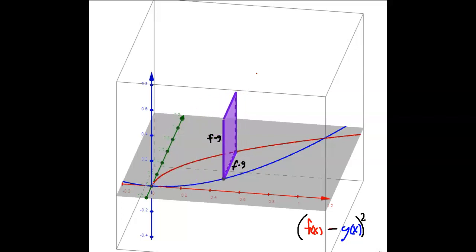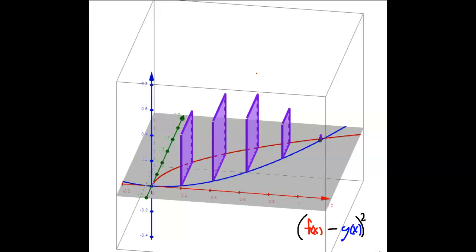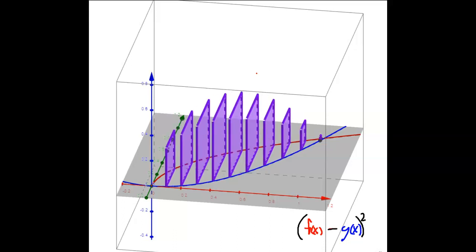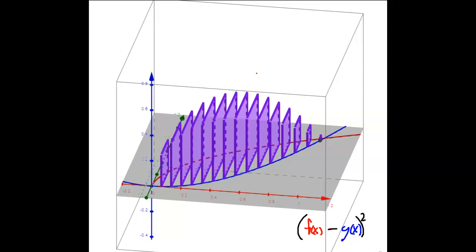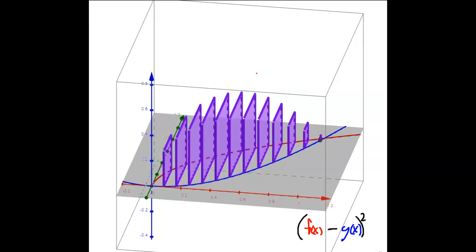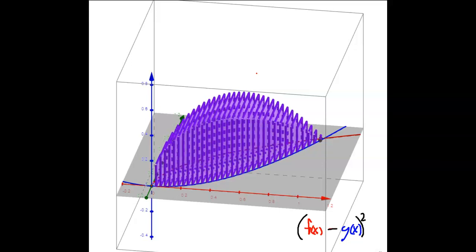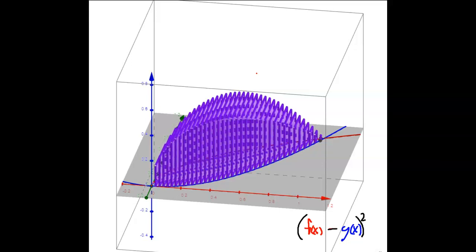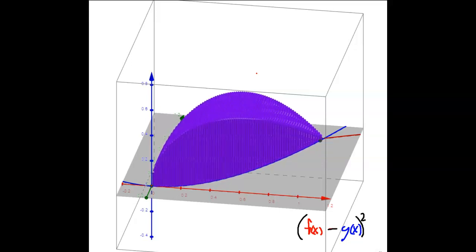But what happens then if we do what we did on the last one? What happens if I put a whole bunch of these squares on here at once? More. How about some more? Well, now we're integrating, aren't we? We're adding a whole bunch of squares on there. Now, what if I were to add an infinite number of them?